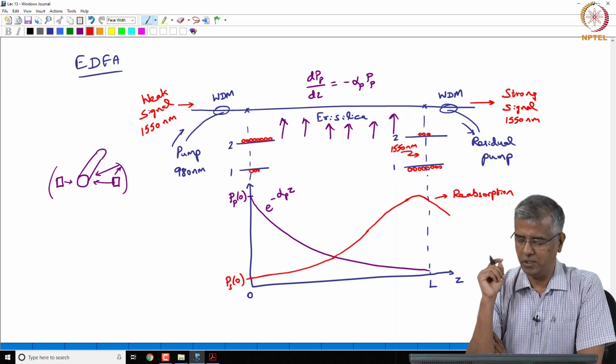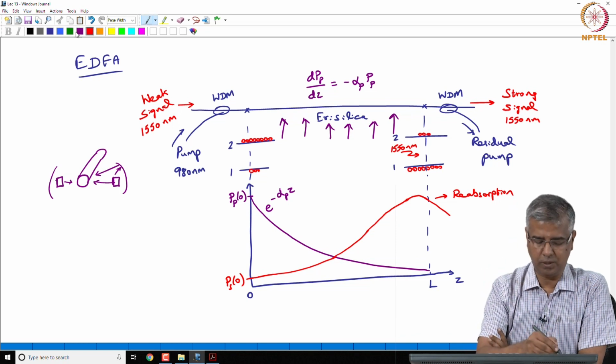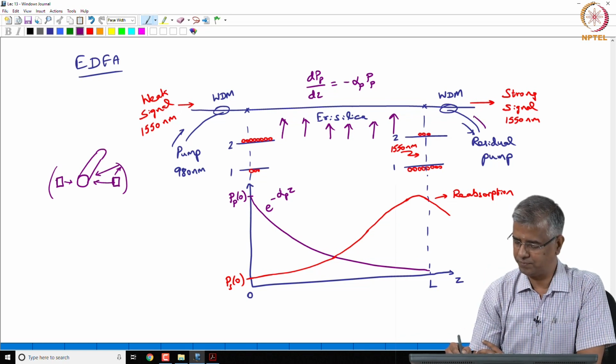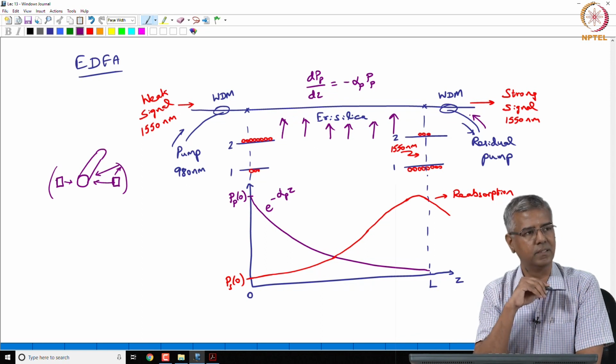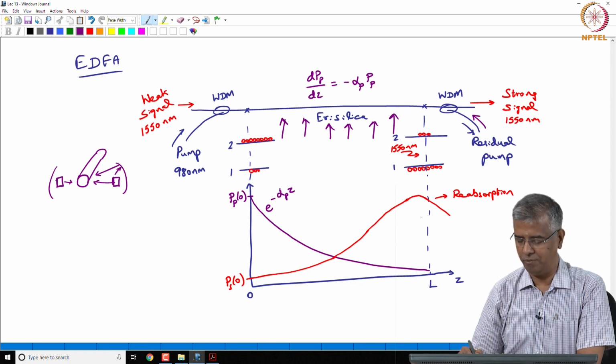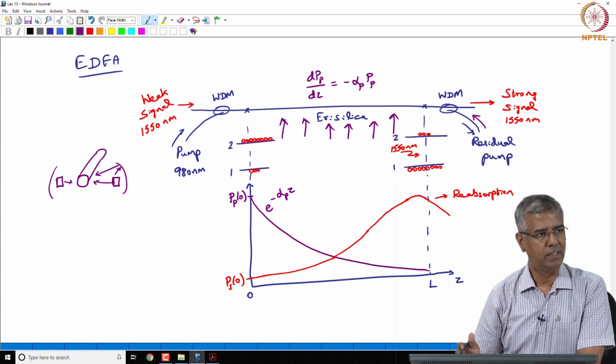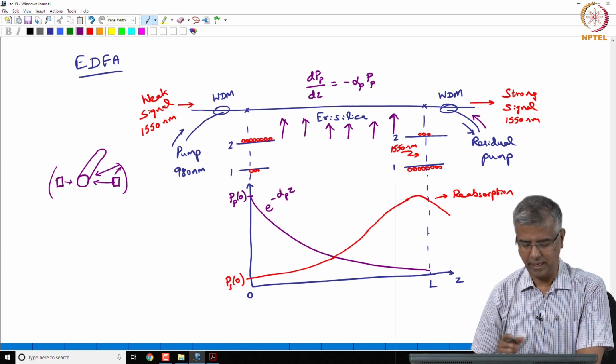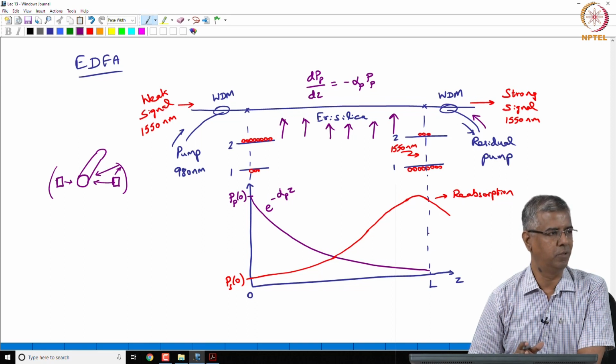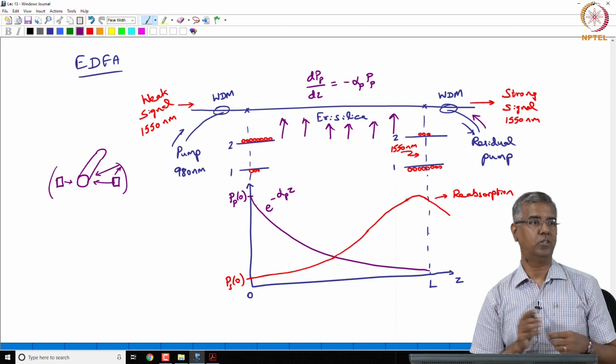If I am launching my pump from this direction, right, then I have very high inversion at the later part of the fiber, and I have very low inversion at the front part of the fiber. And that works out very well.